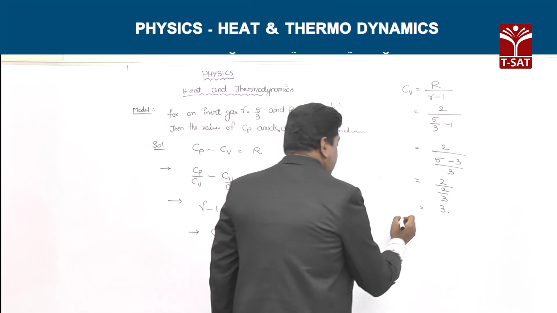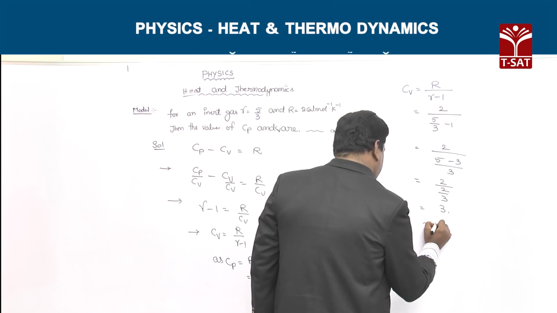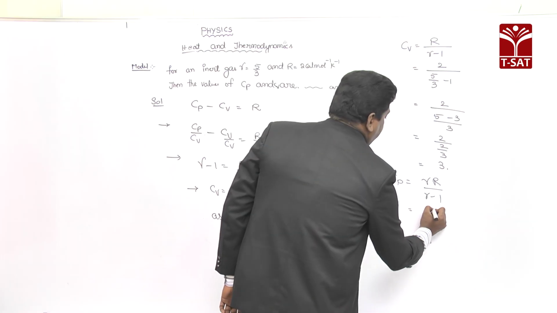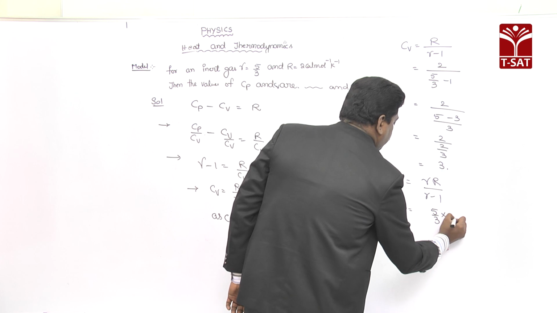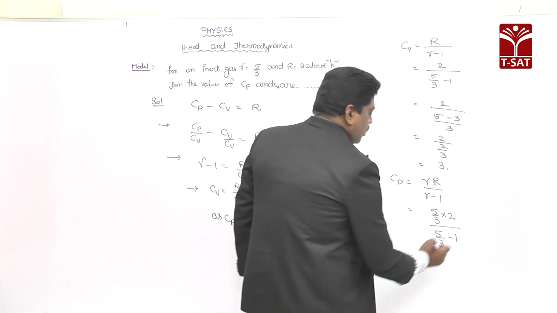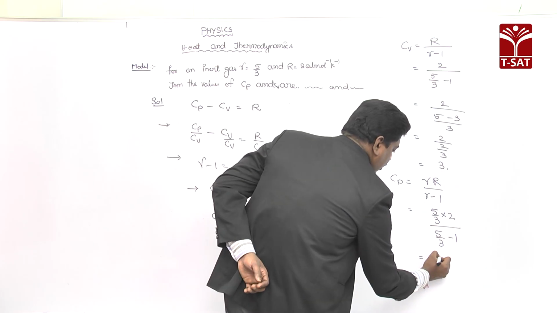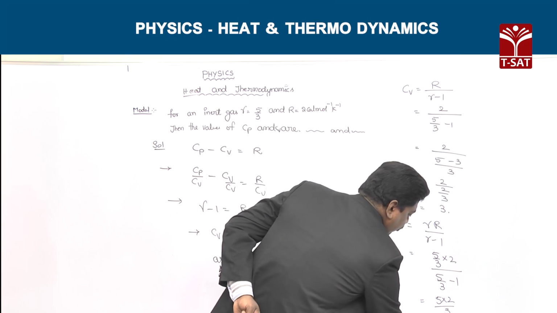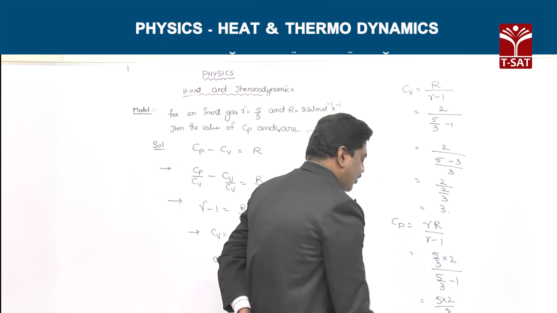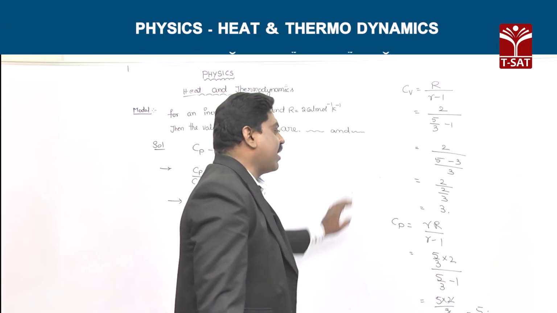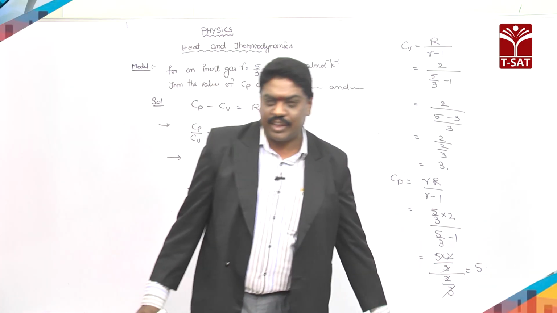Now, similarly, Cp equals gamma R by gamma minus 1. That is 5 by 3 into 2 by 5 by 3 minus 1. So we get 5 into 2 by 3 divided by 2 by 3. 3 gets cancelled and 2 gets cancelled, and we are left with 5. So Cv value is 3 and Cp value is 5.